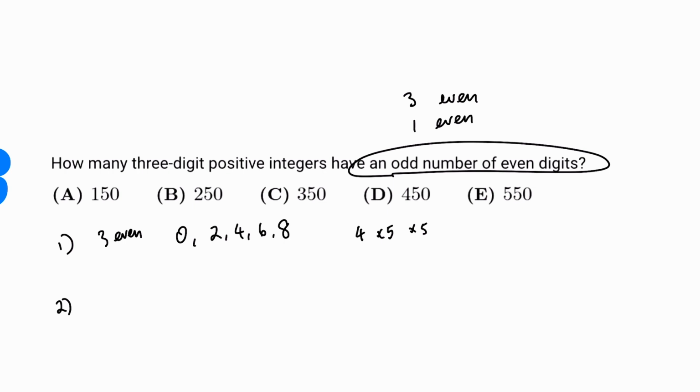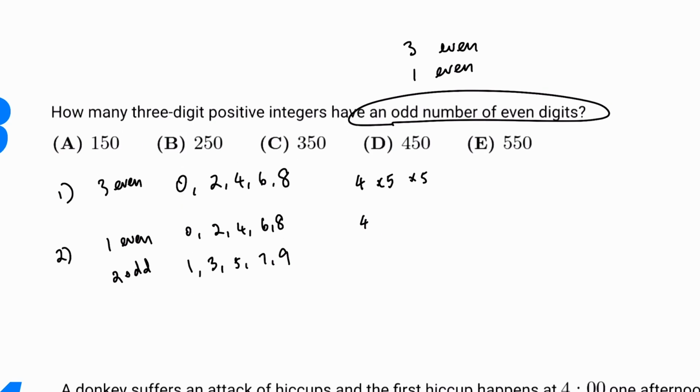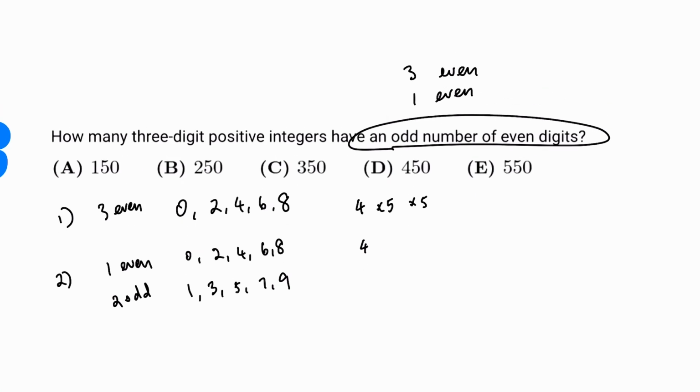For the case of just 1 even, we have 0, 2, 4, 6, 8 to choose from, but then we have 2 odd digits, which we have to choose from 1, 3, 5, 7, 9. If that even digit is in the first place, then we only have 4 possibilities, and for 2 odd digits, we would have 5 times 5 possibilities.